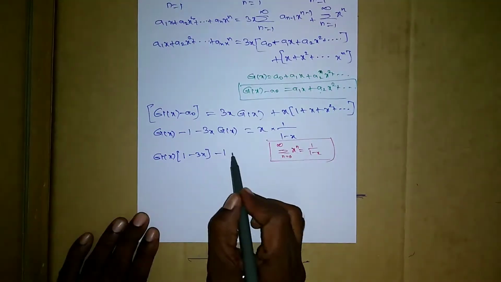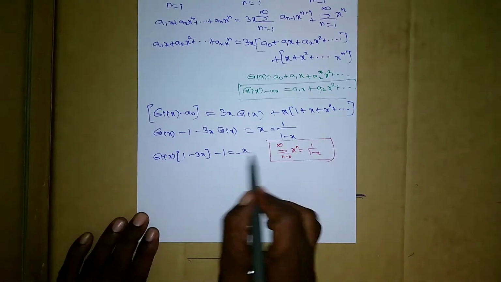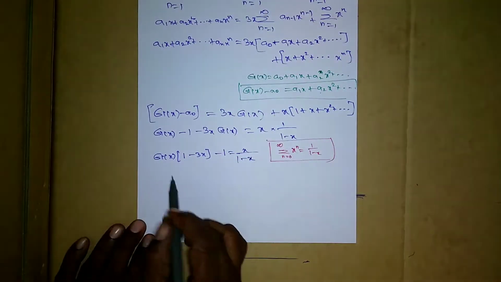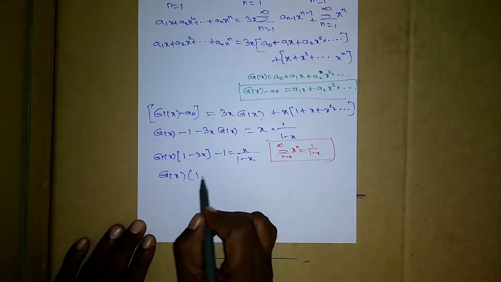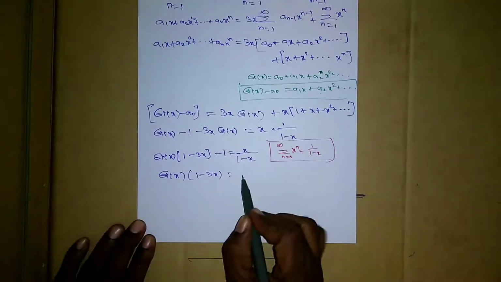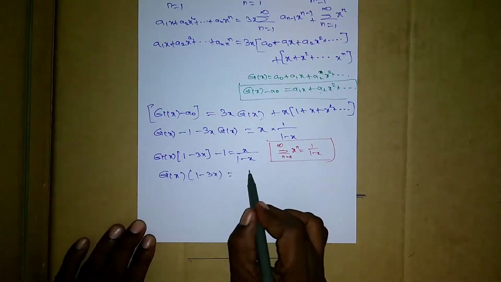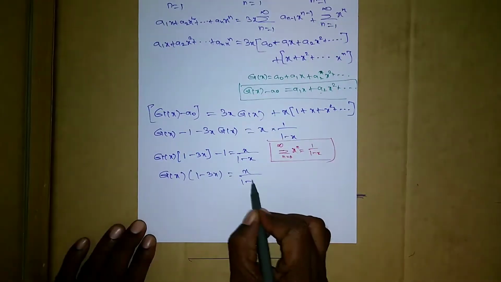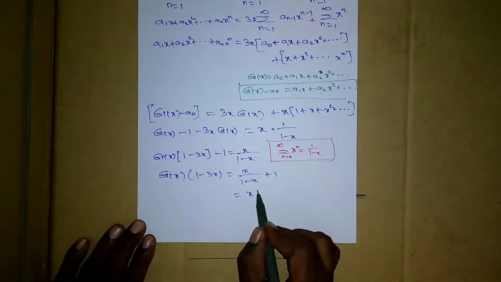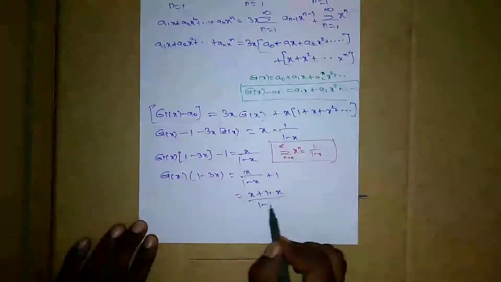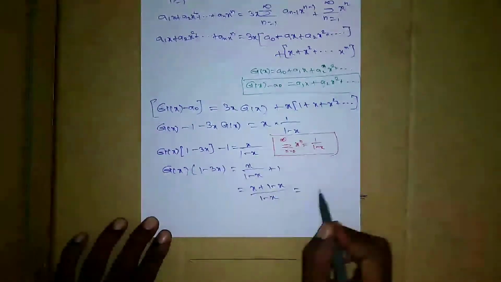Minus 1 is there, equal to x by 1 - x. That is g(x) into 1 - 3x is equal to, taking minus 1 to the right hand side, x by 1 - x + 1. Cross multiply: x + 1 - x divided by 1 - x, which is nothing but 1 by 1 - x.